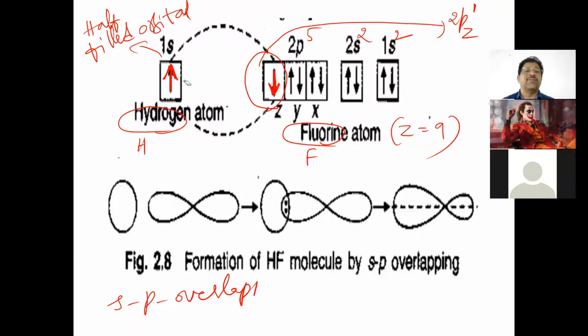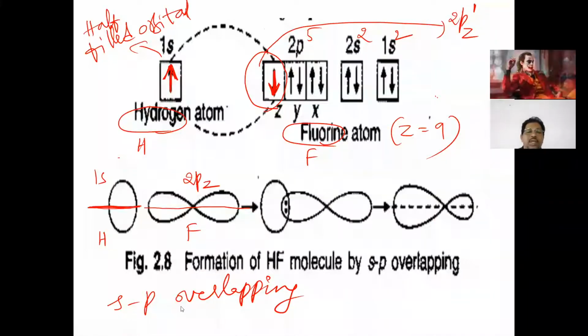So 2pz and 1s both lie on the same axis. Here is the axis of the 1s orbital, and here is the axis of the 2pz orbital. So due to sp overlapping, the HF molecule is formed.